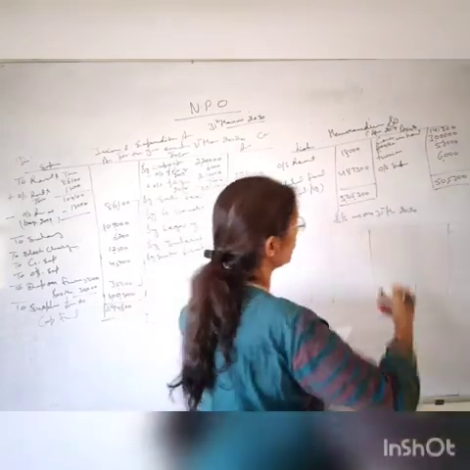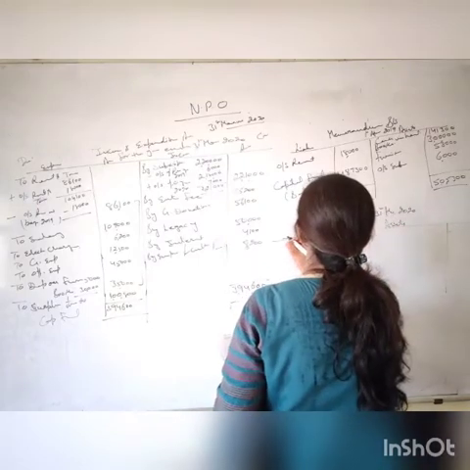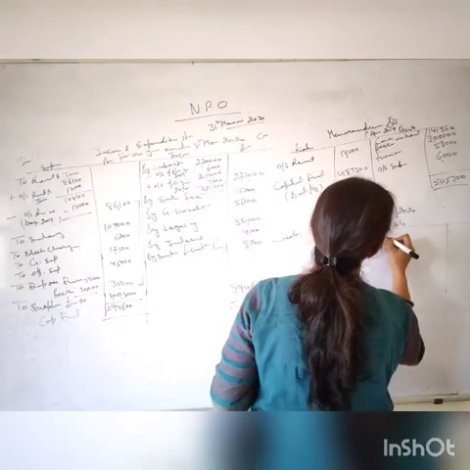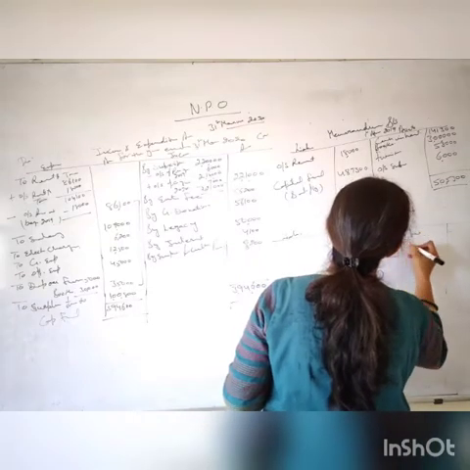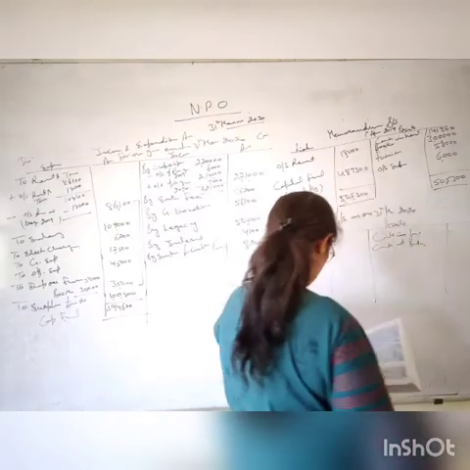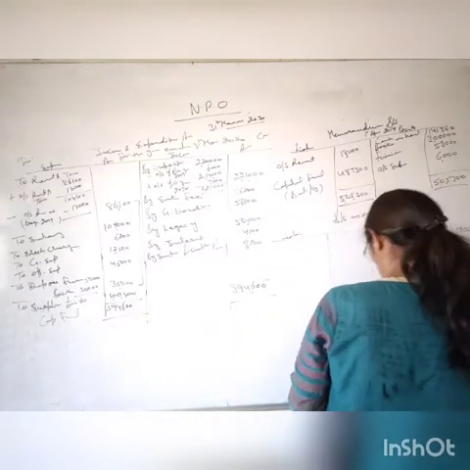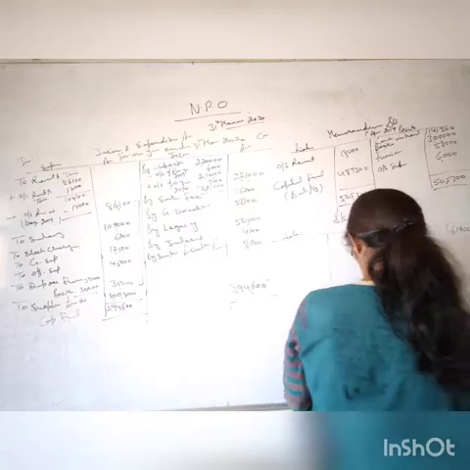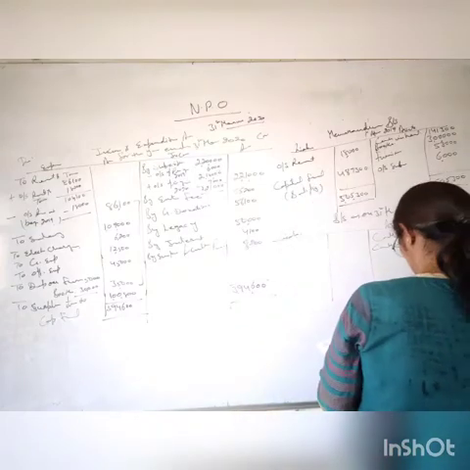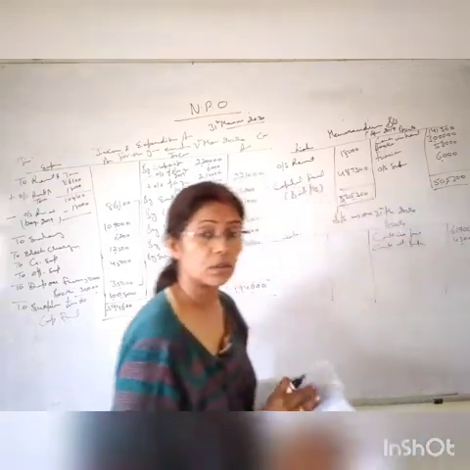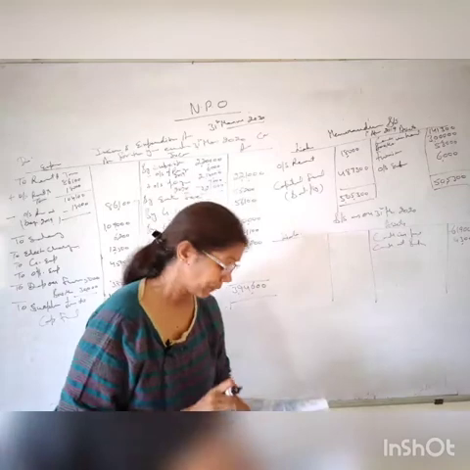So you have to show cash in hand and cash at bank. Cash in hand is 61,900 and cash at bank is 43,000. Right, students? I hope you understood, we have taken it from the receipt and payment account.